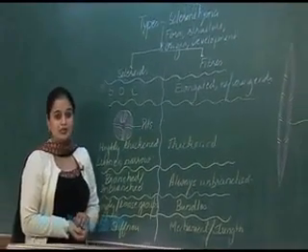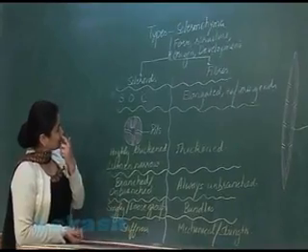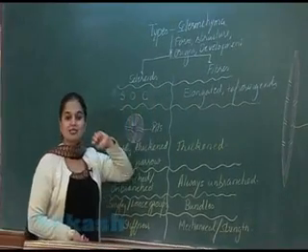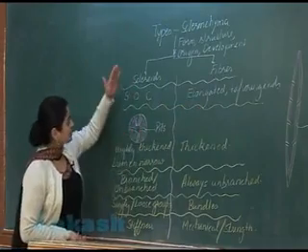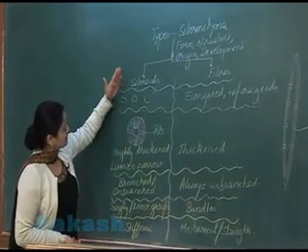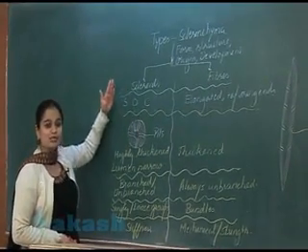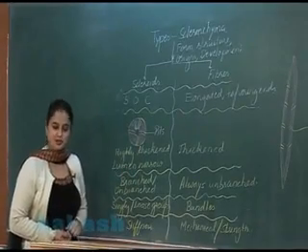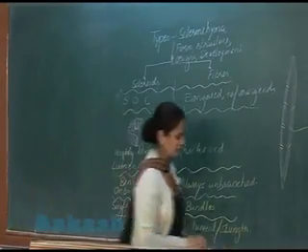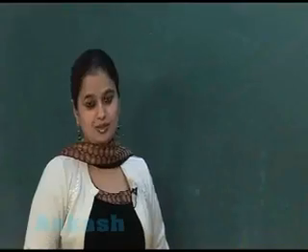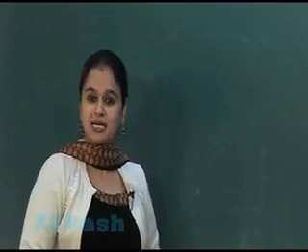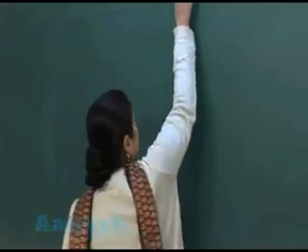So now we have distinguished between the two categories of the sclerenchyma, sclereids and fibers. Now we are going to deal with the further categories. So now I will deal with the types of sclereids.